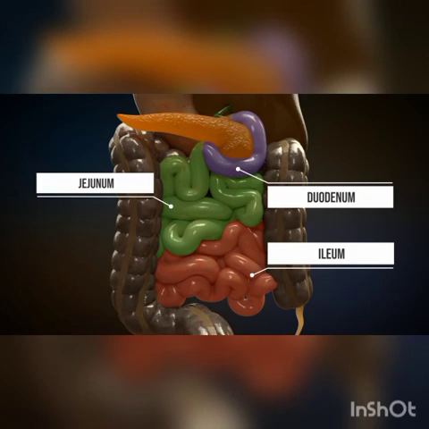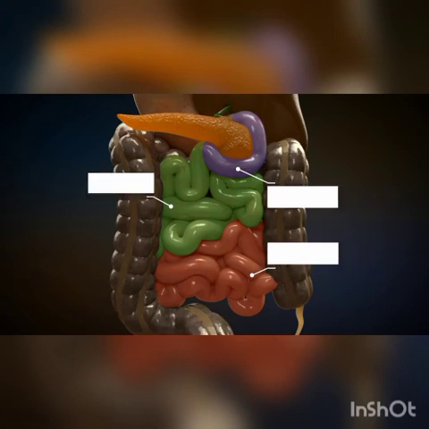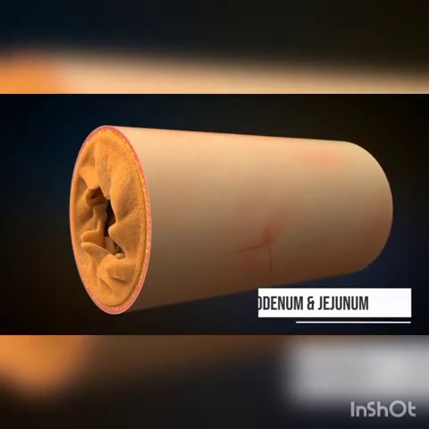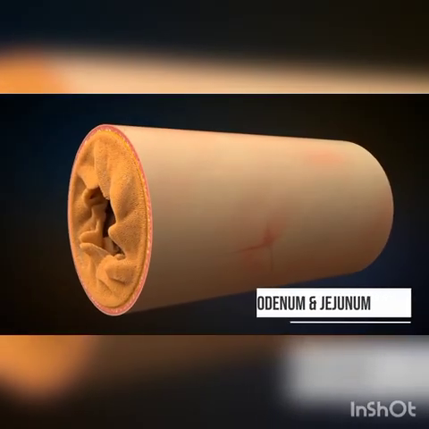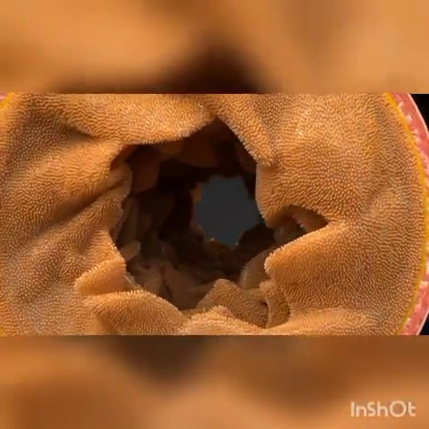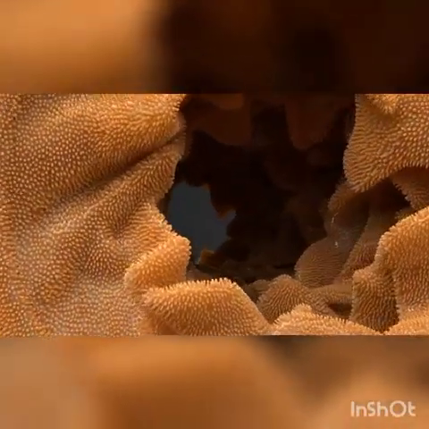Now as we move further, we are having the small intestine and large intestine. The small intestine is further divided into duodenum, jejunum and ileum. The duodenum is the U-shaped area where the digestion takes place.